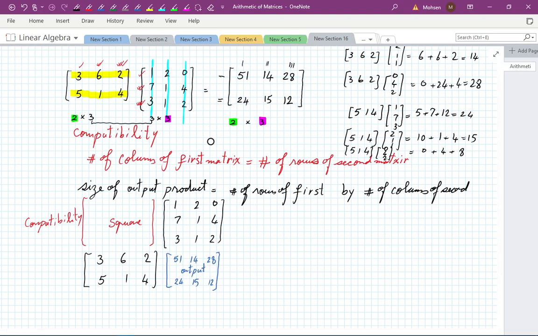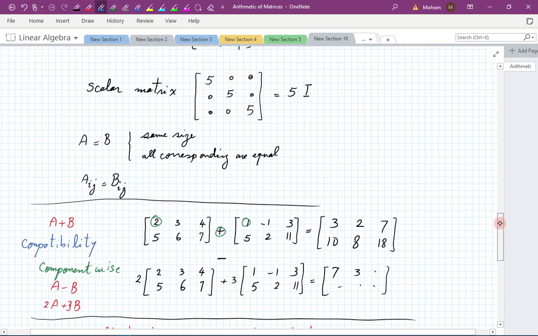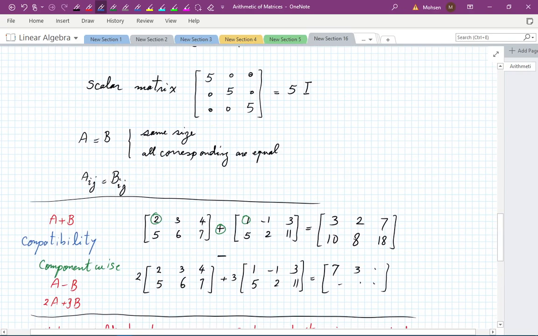Again, significantly more sophisticated and complicated than the addition and subtraction. We almost have no use for term by term or component-wise multiplication. We said there's a little bit of application of that in a MATLAB software you're going to be definitely using later on, but outside of that, that kind of multiplication is of very little use.